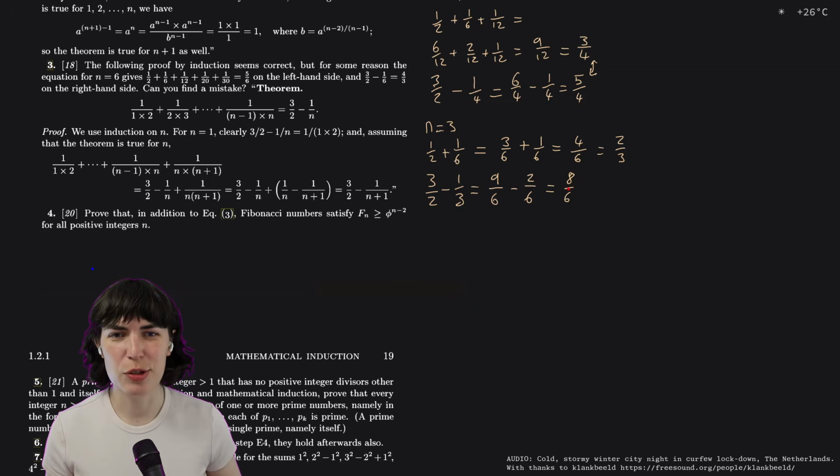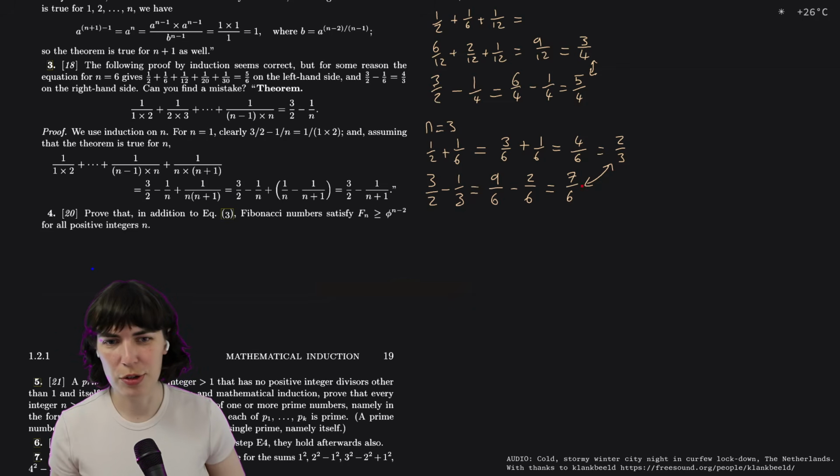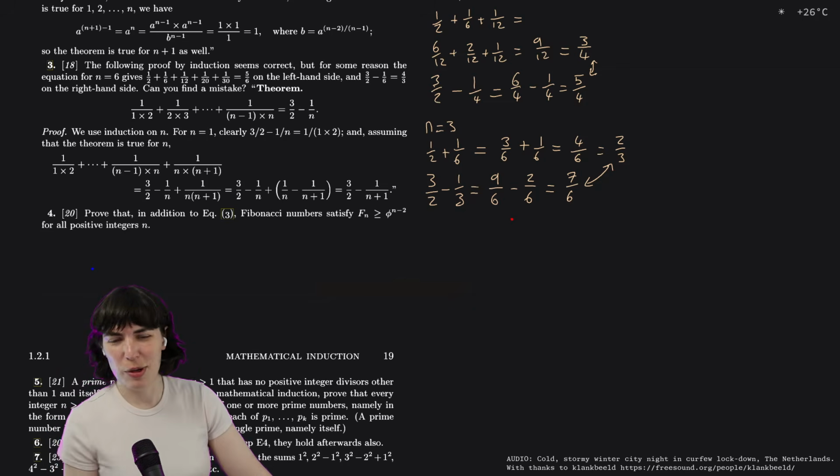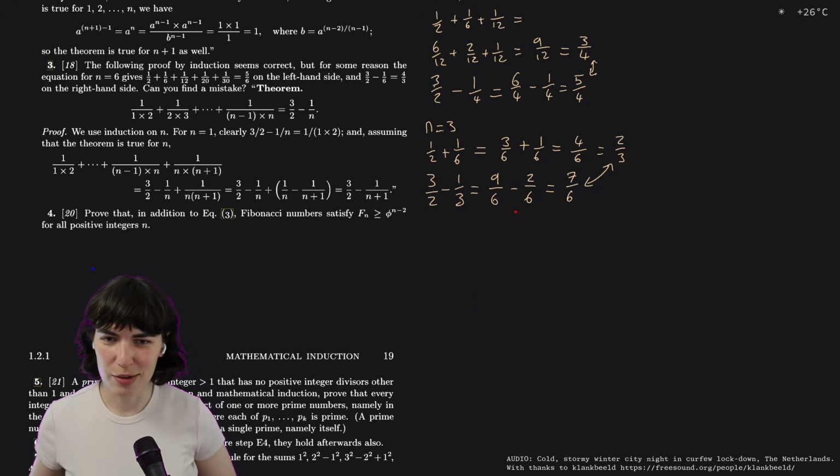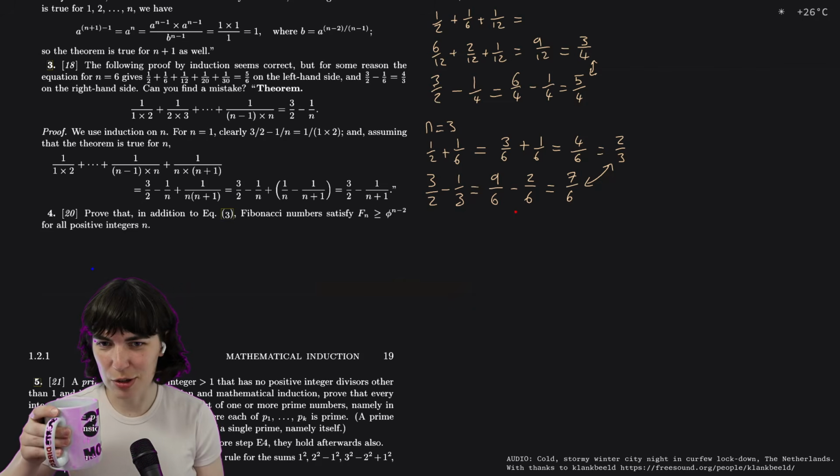No, wait, I'm doing all this wrong, aren't I? 9, 8, 7 over 6. Also not right. Unless my arithmetic or fractions are just completely bogusly wrong.